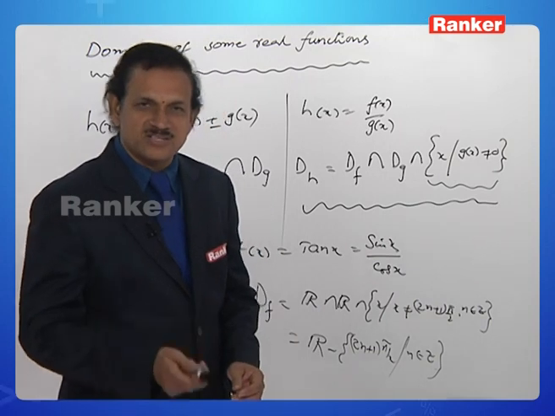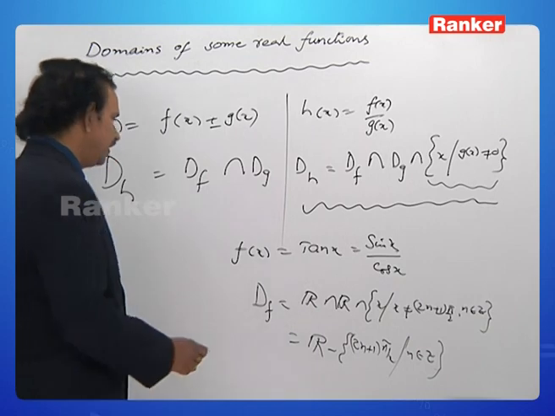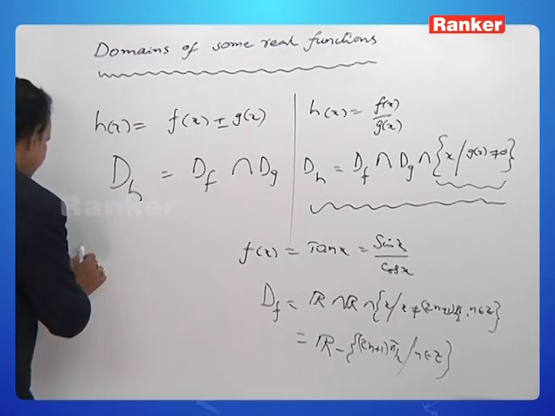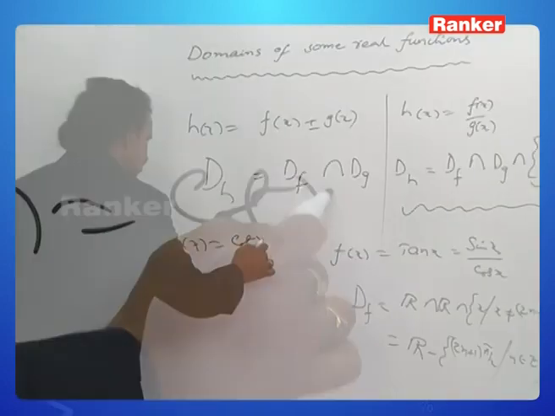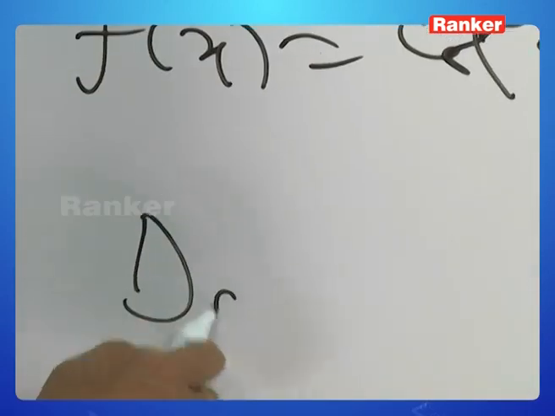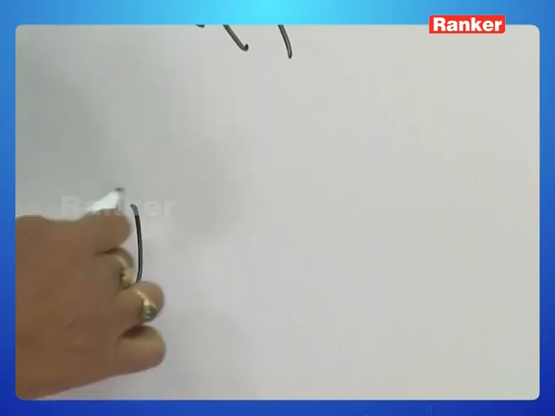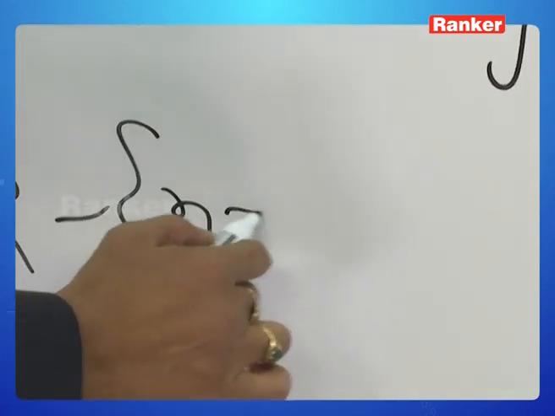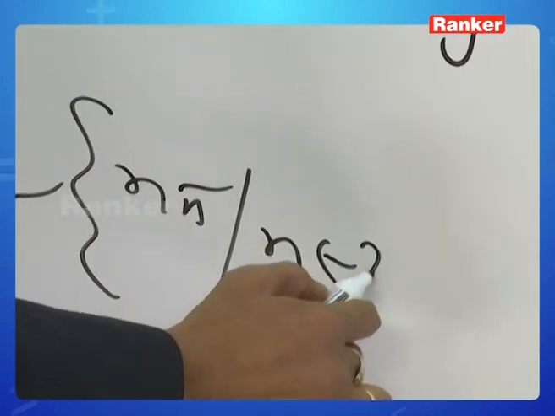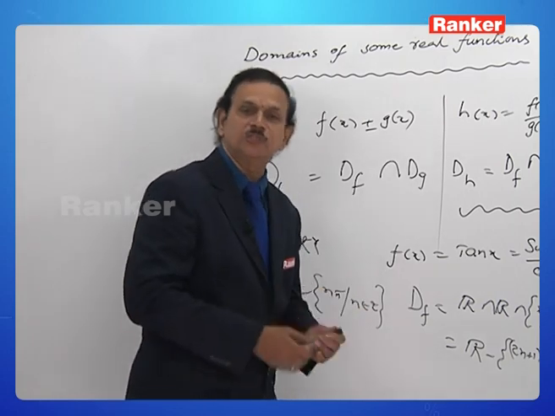Therefore, we restrict x not to take n pi. Hence, in that case, the domain of f of x equal to cot x, as it is cos x by sin x, we can trace the answer directly without any manipulation or calculation. It is again R minus n pi such that n belongs to Z. This is the domain of cot x.